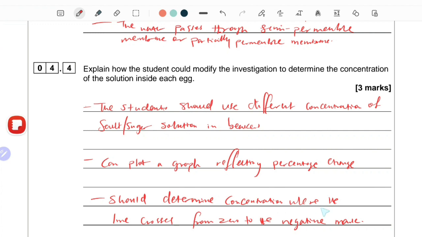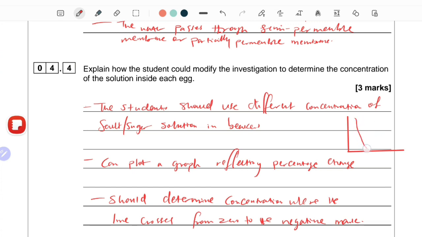You should determine the concentration where the line crosses from 0 to the negative mark. Those of you in my class, remember I showed you a graph like this, that the value that crosses and comes down here, let me write that here. So it is a graph.